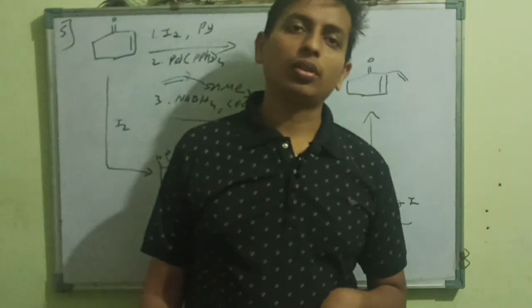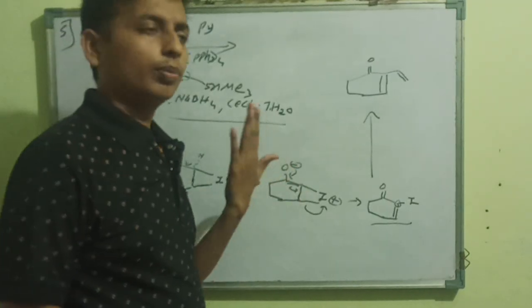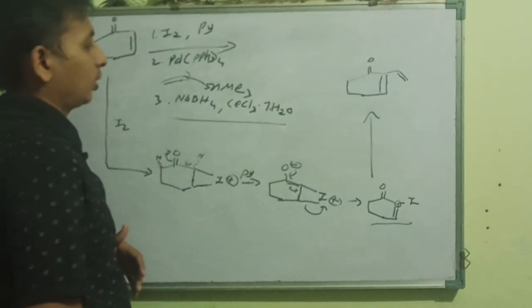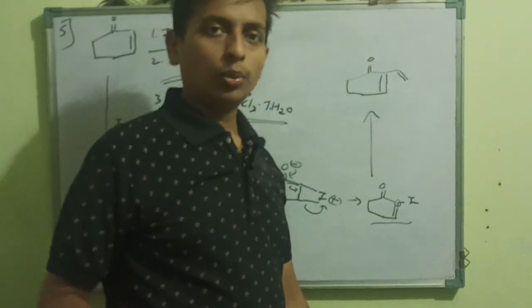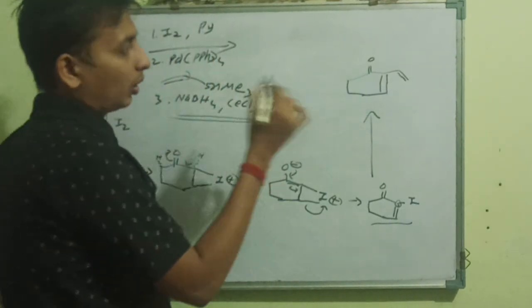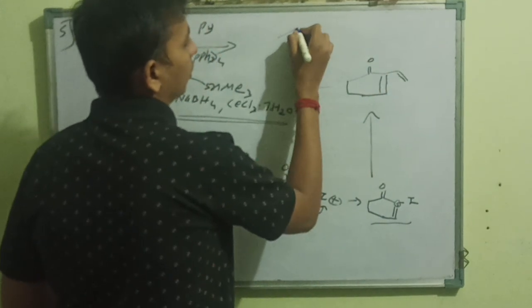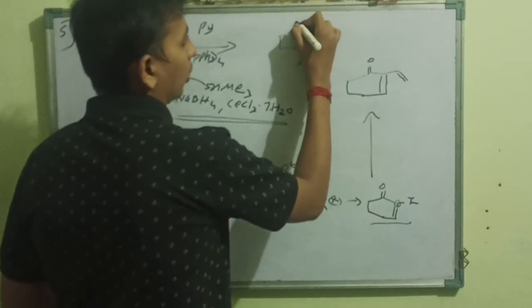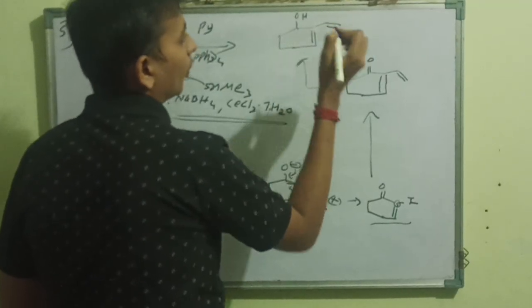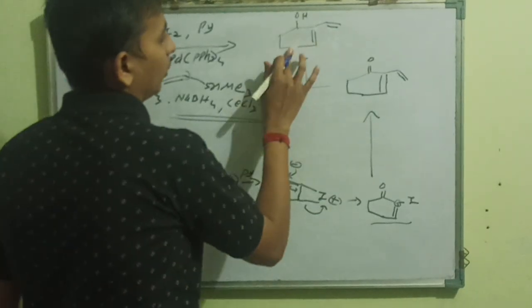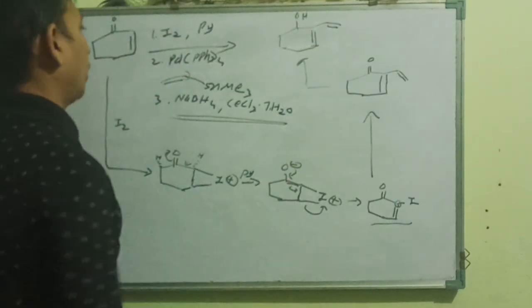I have not yet studied it; I will do a short video on the Luche reaction. In the Luche reaction the carbonyl is reduced to the alcohol, so it works as a reduction. So what is the product? It has a six-membered ring, and this is the main product for this question.